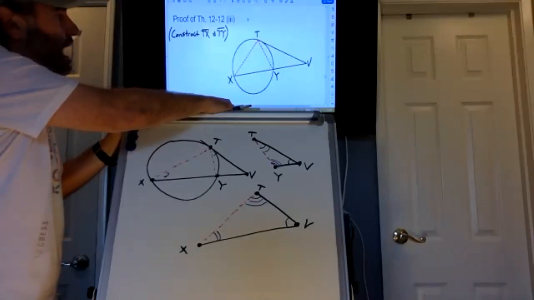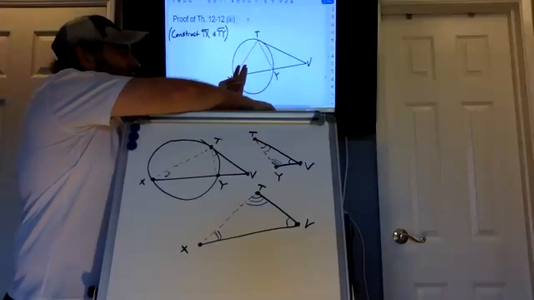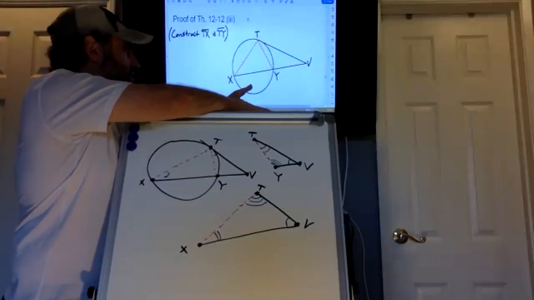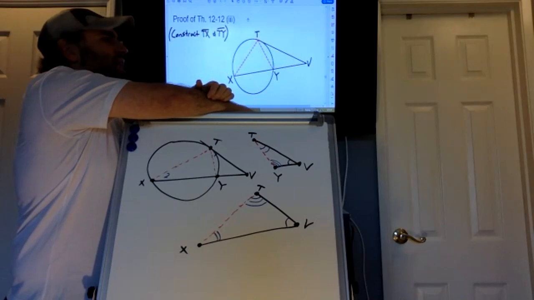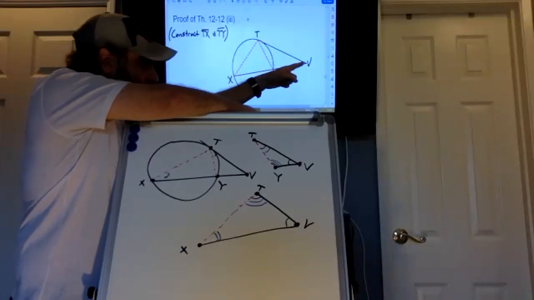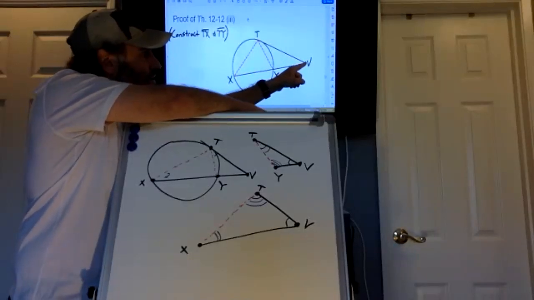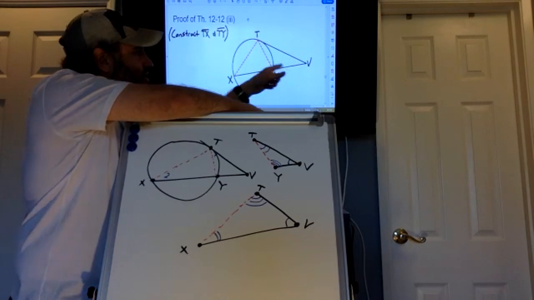Mr. Rosenthal, could you repeat that? Why do we only have 3 cases? What about a tangent and a tangent? Why did we have a secant and a secant meeting inside, a secant and a secant meeting outside, and a secant and a tangent meeting outside the circle? Why not a tangent and a tangent?